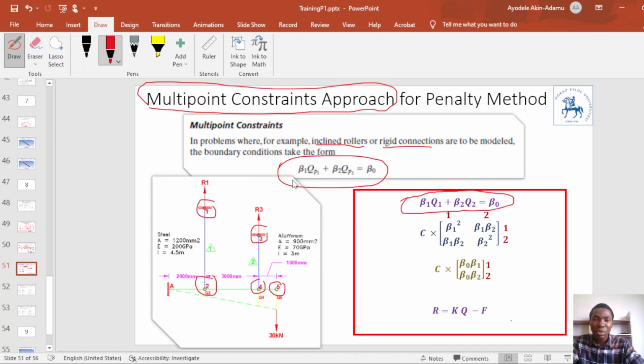And using the multi-point constraint model, we always need to relate one boundary condition without any load with another boundary condition with load. Like in this problem, let me zoom.